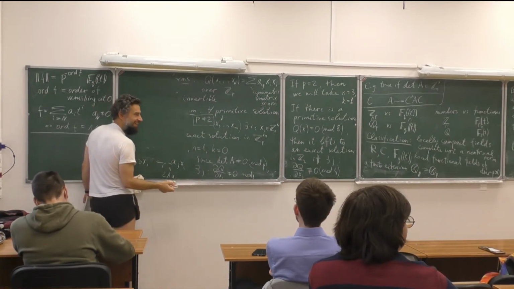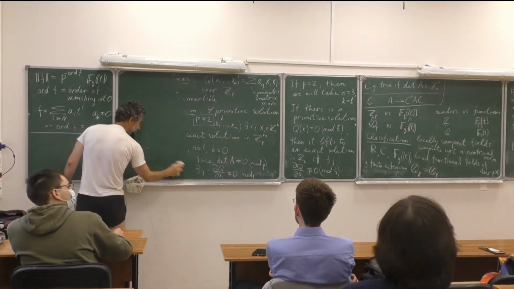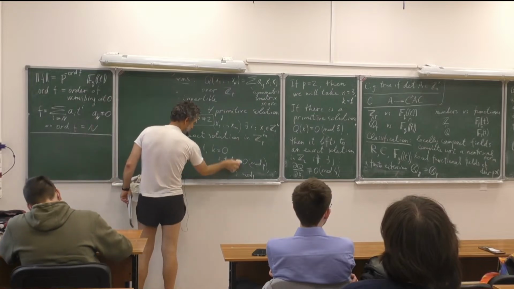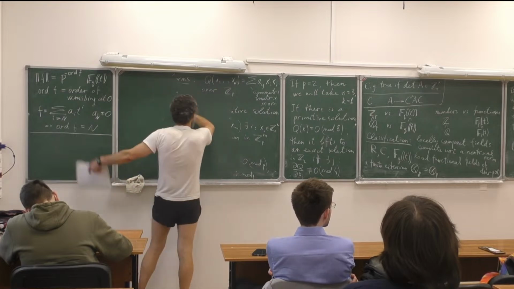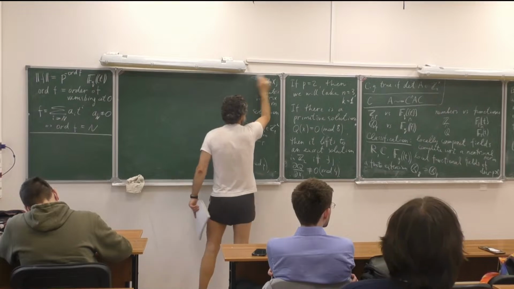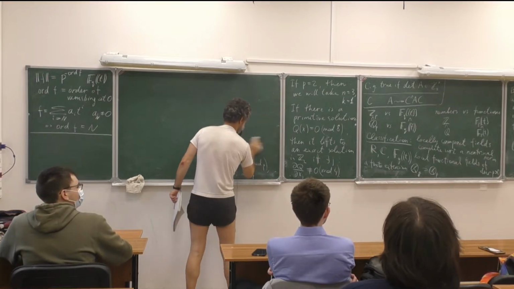The order at infinity for a rational function, well, you can take the uniformizer T inverse and say the same. Yes.